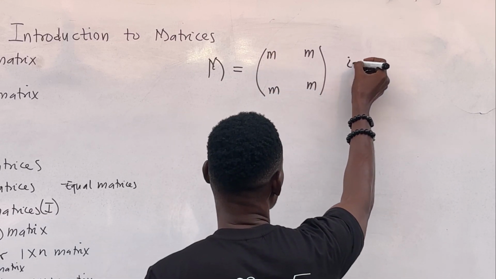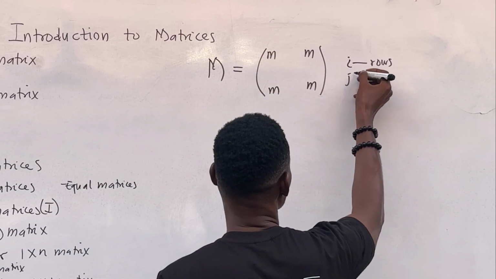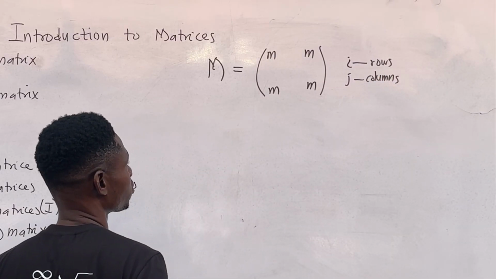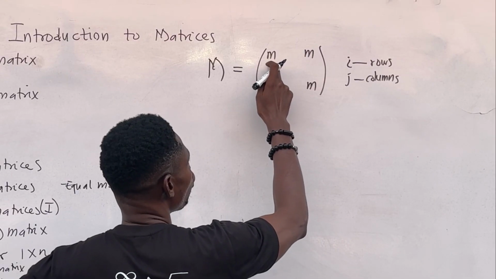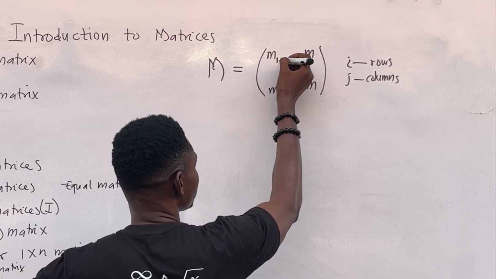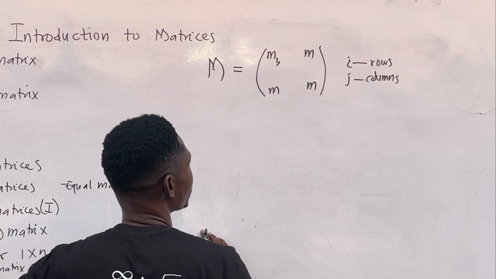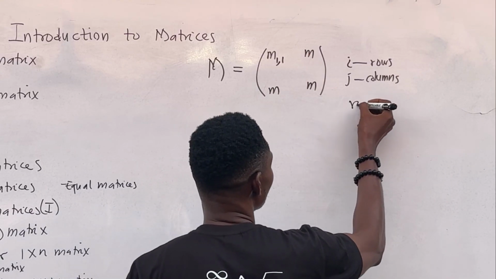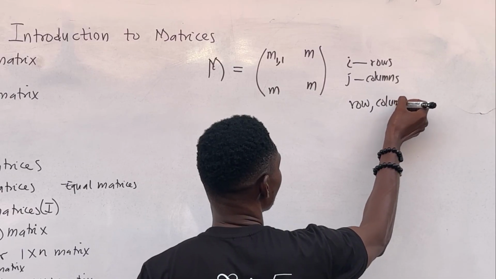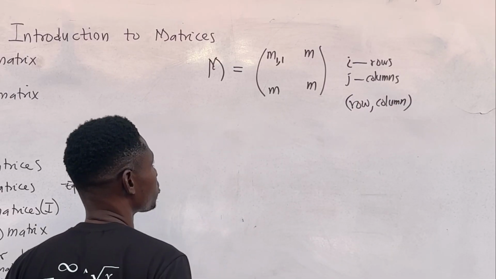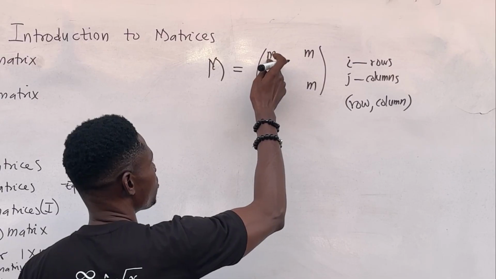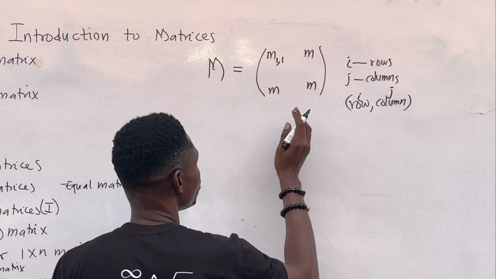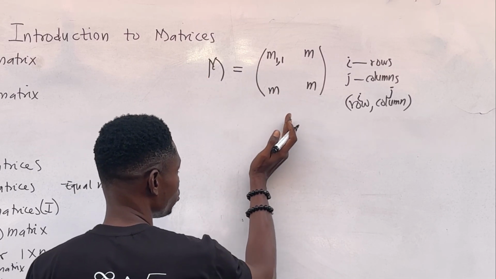our i will represent rows and our j will represent columns. Watch. This m is in row 1, comma, column 1. So we do row, comma, column. Remember, the first one is row, the second one is column. So this m is in first row, first column.